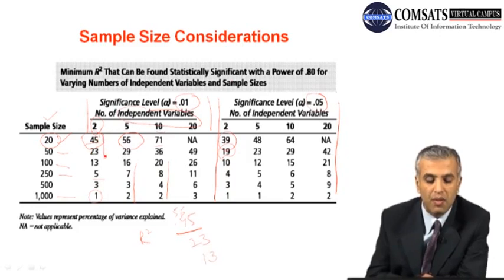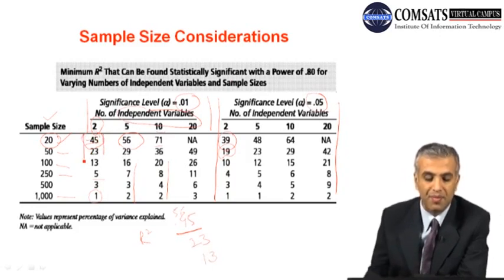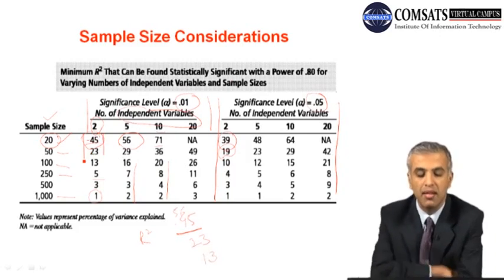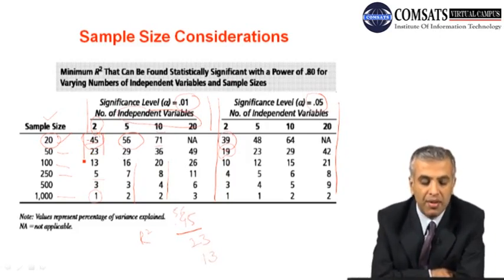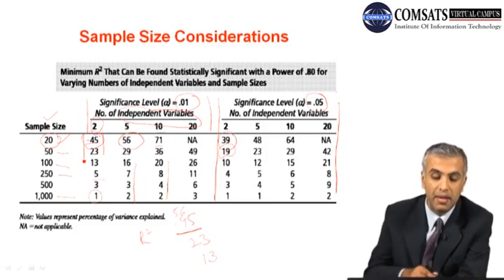So based on that, it is pretty much evident here that when we are increasing the number of independent variables, the minimum R square which is calculated and measured would not be calculated that effectively and significantly.